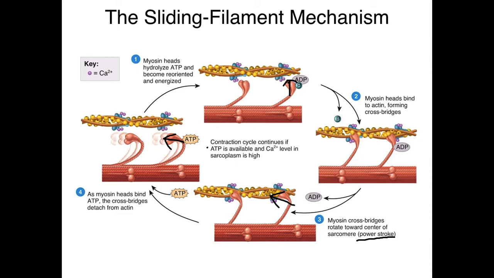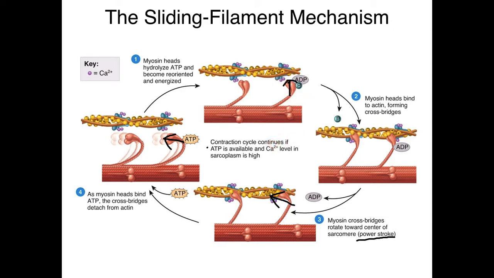You think about a crossbow, you put the energy in when you pull the string back. But that energy isn't released until you pull the trigger. So in this case, this ATP being hydrolyzed and that changing the orientation of the head, that cocks the crossbow.